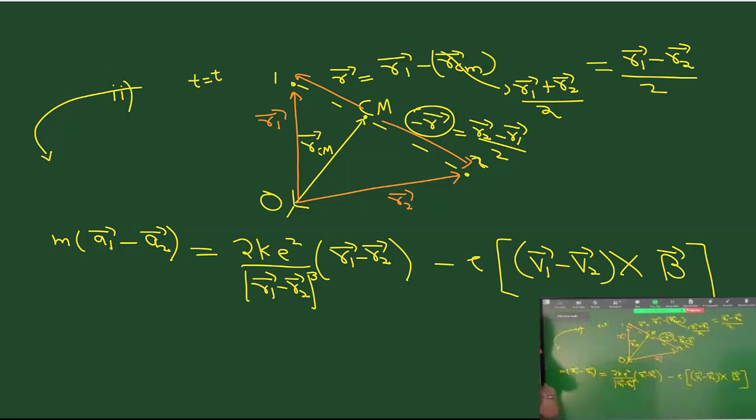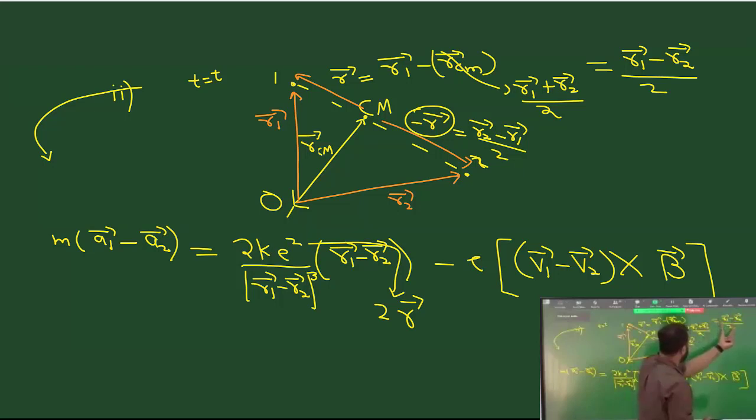These terms are clear, so replace things in terms of R vector. R1 minus R2 you replace by twice of R vector, since R vector comes out as (R1 minus R2) upon 2.